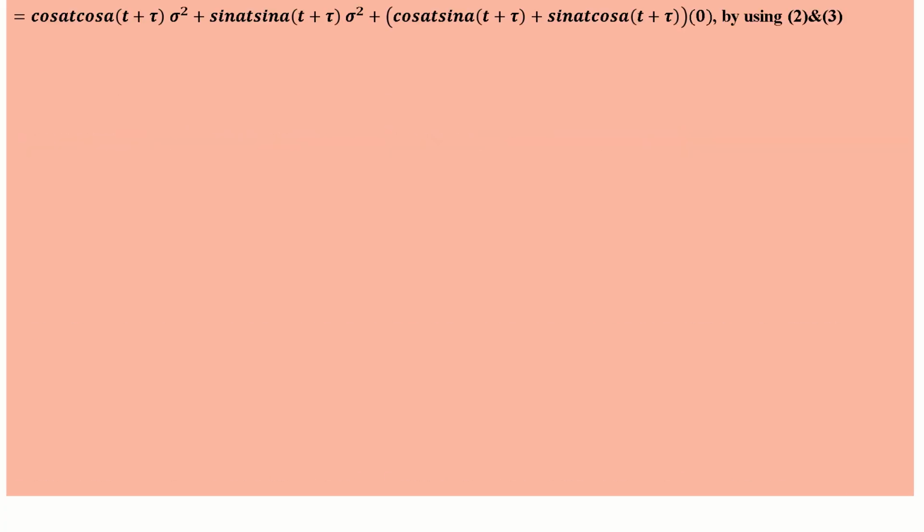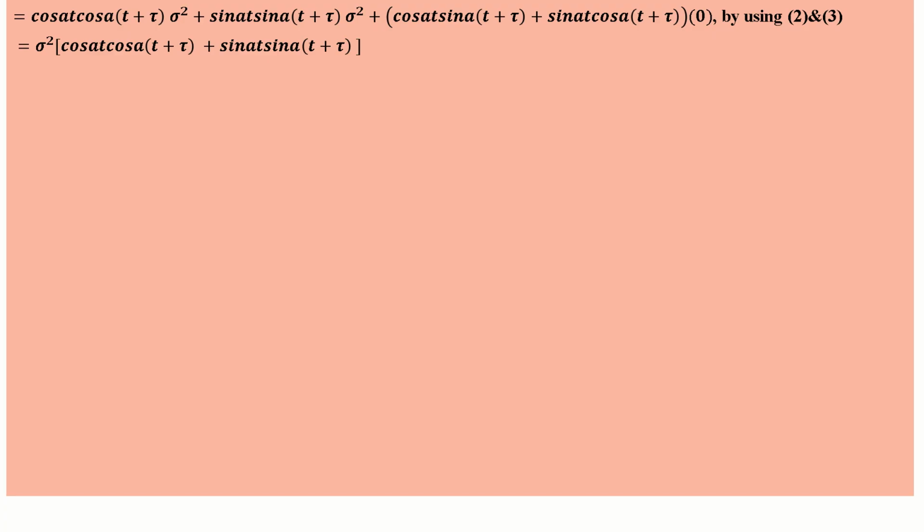We know from 2 and 3 that E[A²] = E[B²] = σ², and E[AB] = 0. Substituting those values, you will get σ² cos αt cos α(t+τ) + σ² sin αt sin α(t+τ), then the third one is multiplied by 0, so the third term vanishes. σ² is common, so take it outside.